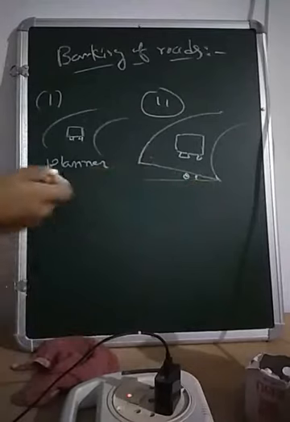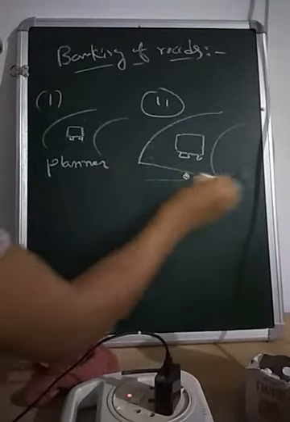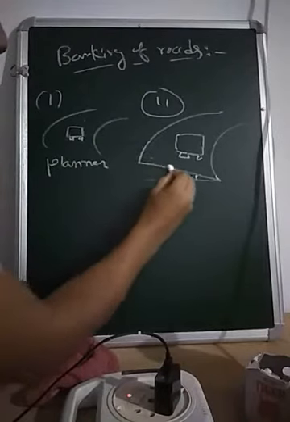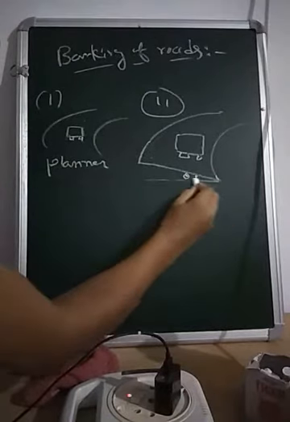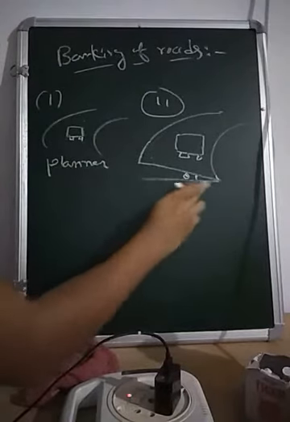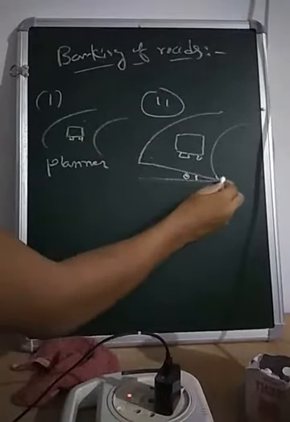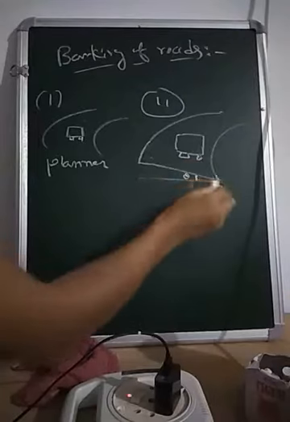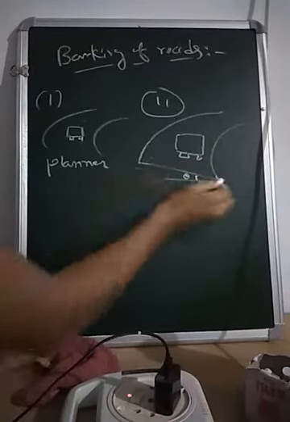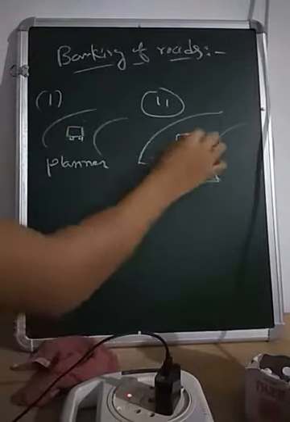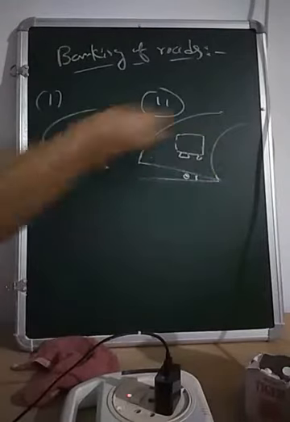That is, this road is not planar like this. In this case it is inclined at some angle with the center. Okay, so these are two cases considered. This is the front side of the car moving in this way.